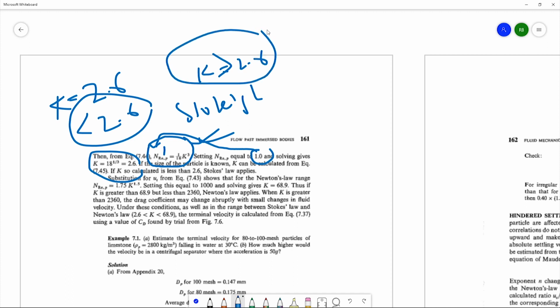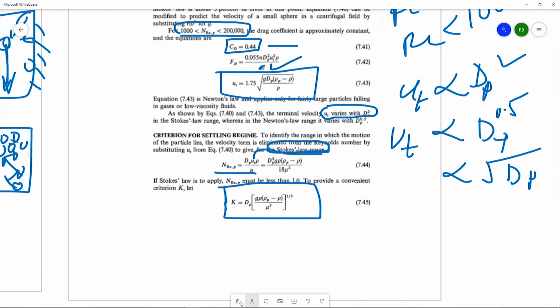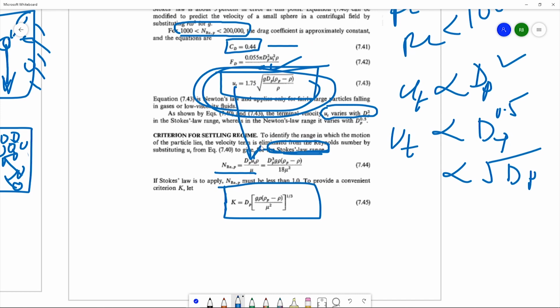Neither is it the Newton's law regime, because you have to check what the range of K value is for Newton's law regime. So again, let's find the K value for the Newton's regime. In Newton's law regime, what is the terminal velocity given as? This is the terminal velocity. You put this terminal velocity here instead of ut.